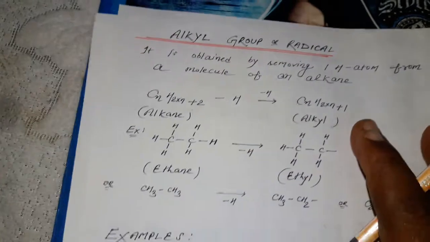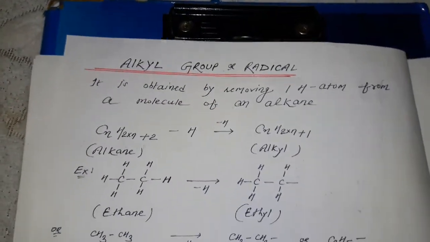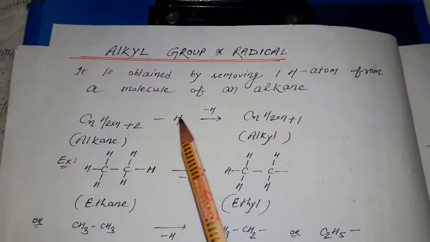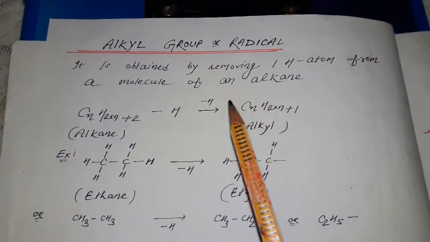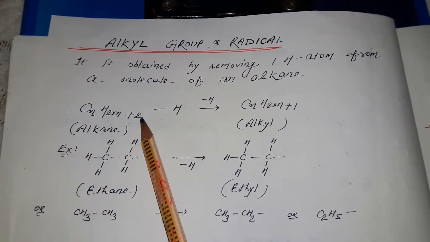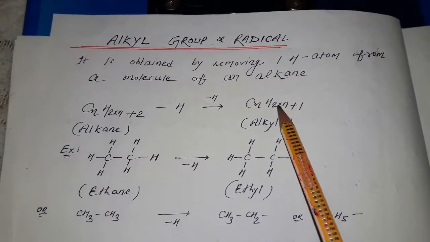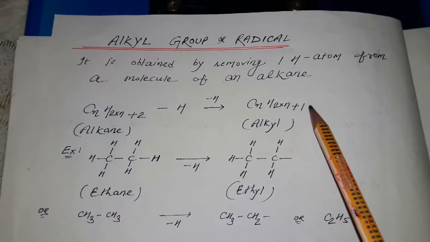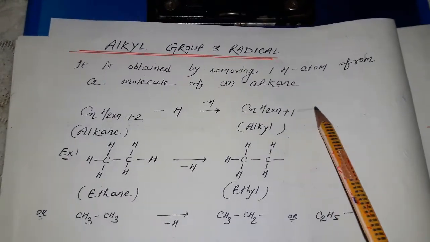Next is the alkyl group or radical. It is obtained by removing one hydrogen atom from a molecule of an alkane. This is the general formula of an alkane. When we remove one hydrogen from this formula, it becomes CnH2n+1.